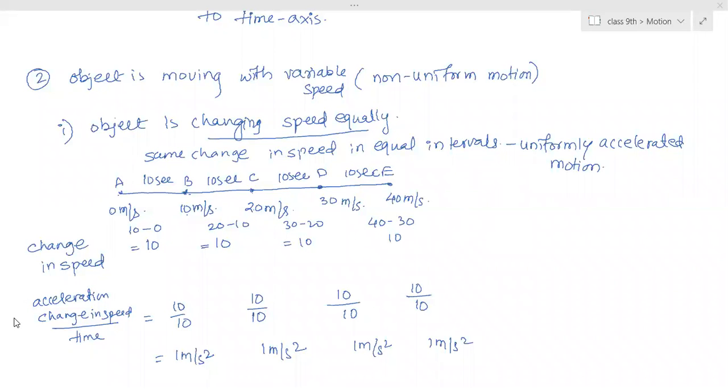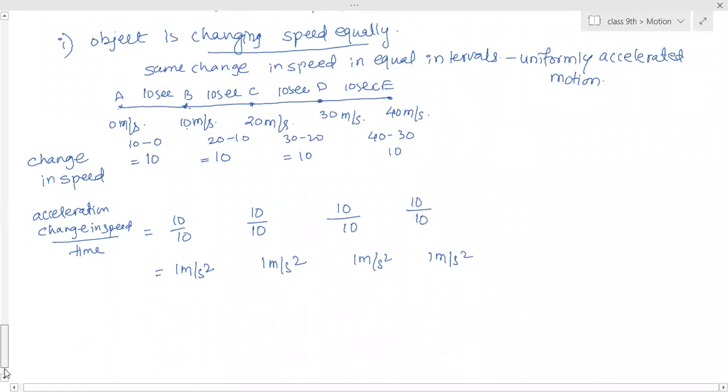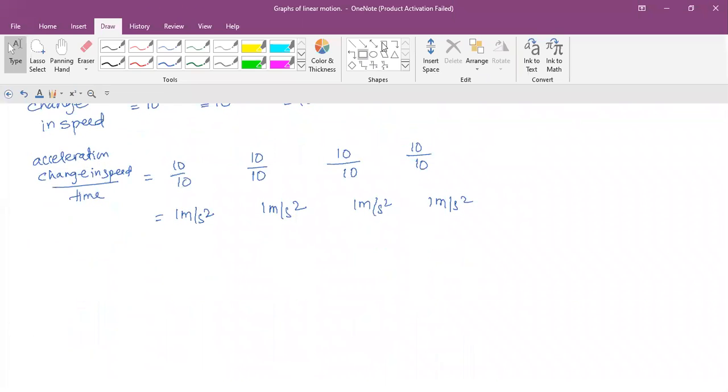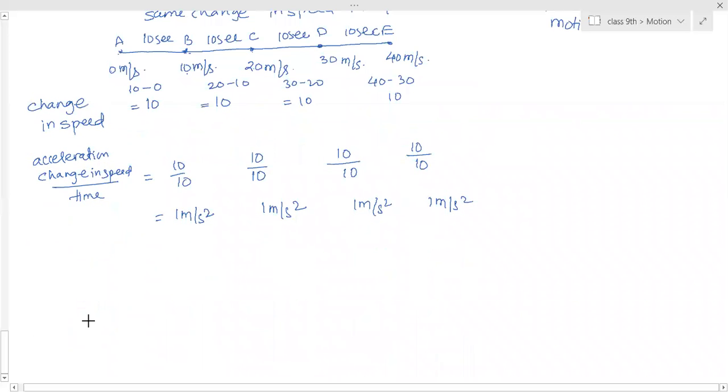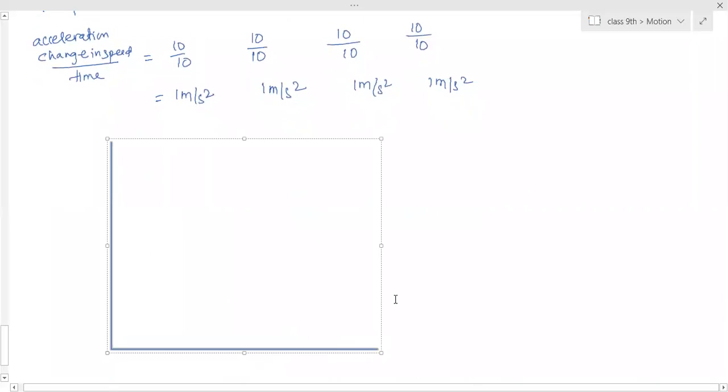Okay, so now if in this kind of case we plot these speed values on the graph against time, let us check how the graph will look. Initially, in 10 seconds, 0, 10 seconds, 20, 30, 40, 50.